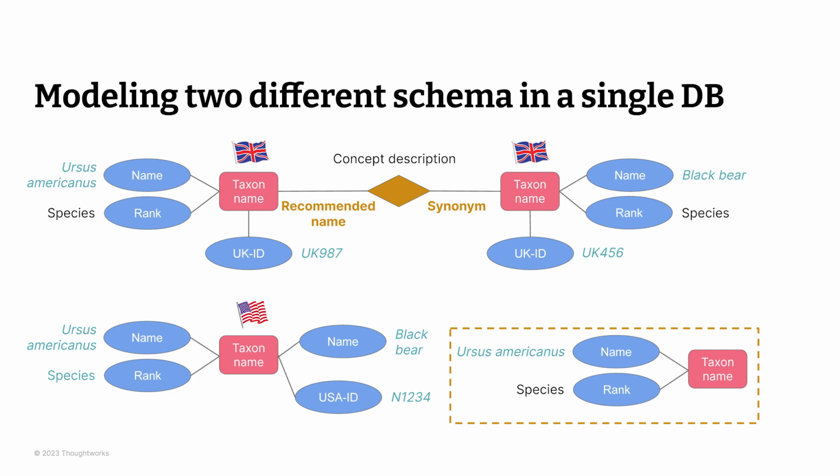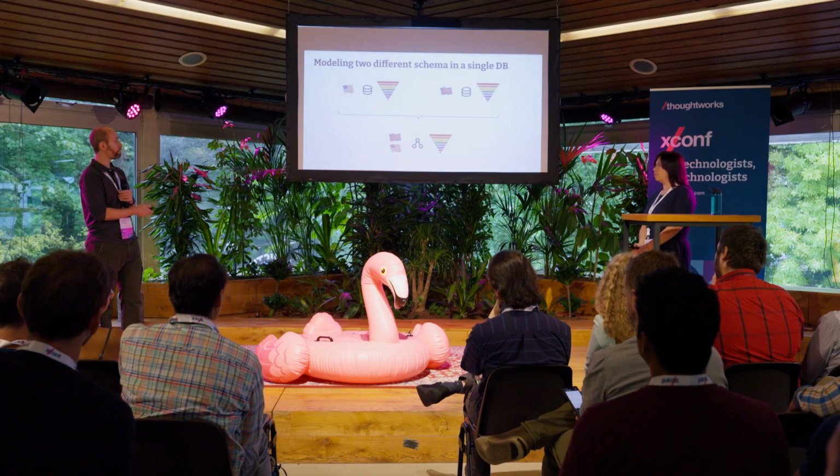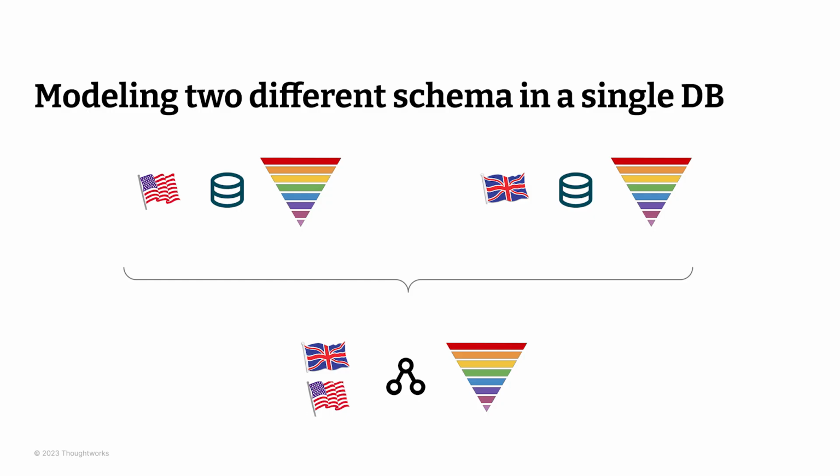And I mentioned that you could have many things in a relationship here. So if there are many synonyms, they could all be connected with this concept description back to the proper scientific name, which was the recommended name. And so what we were able to do using this is we could take the US database and the UK database and load them all into this graph. So they were all contained within there in TypeDB, which was helpful.